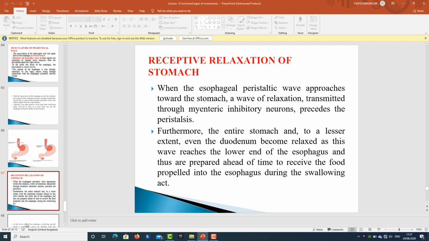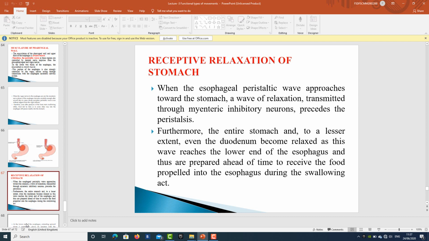Then we have the receptive relaxation of stomach. What is it? Now, when the esophageal peristaltic wave approaches towards the stomach, a wave of relaxation is transmitted through the myenteric inhibitory neurons and it precedes the peristalsis.